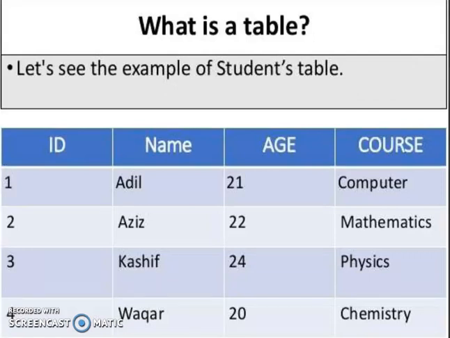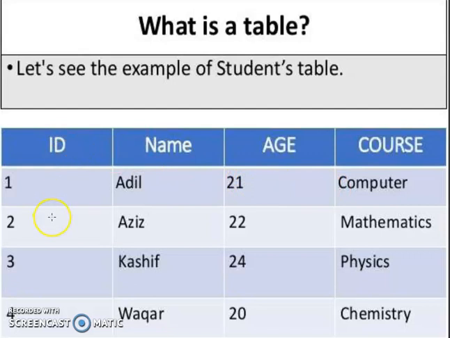So this is an example for a table. Okay, so this is the row. In the row we have a student ID, student name, age of the student and course. So each row contains data related to an entity. A particular student's ID, name, age and course is given in the row.